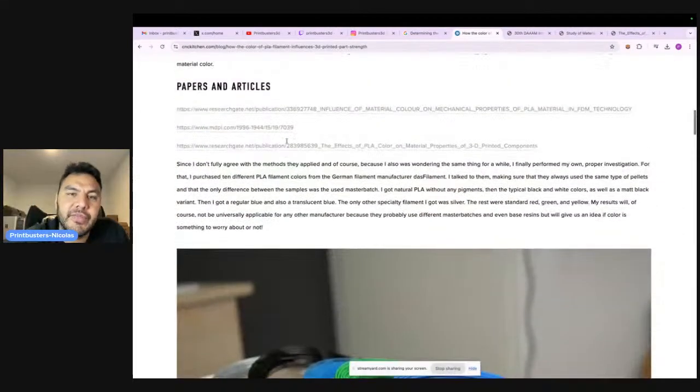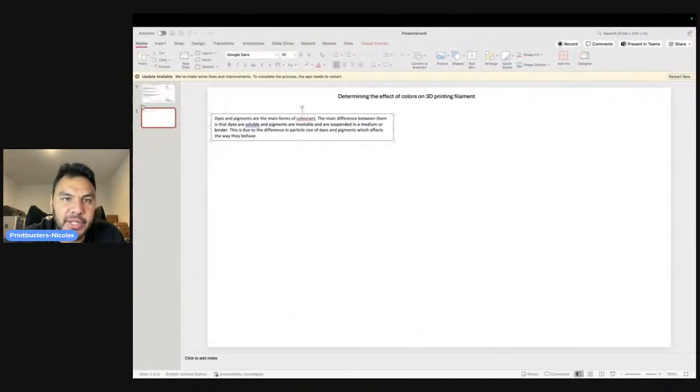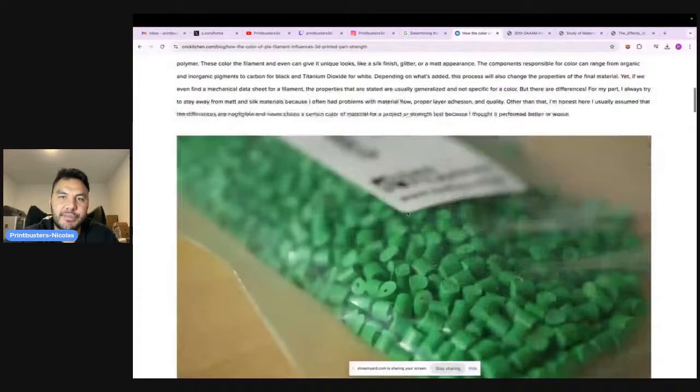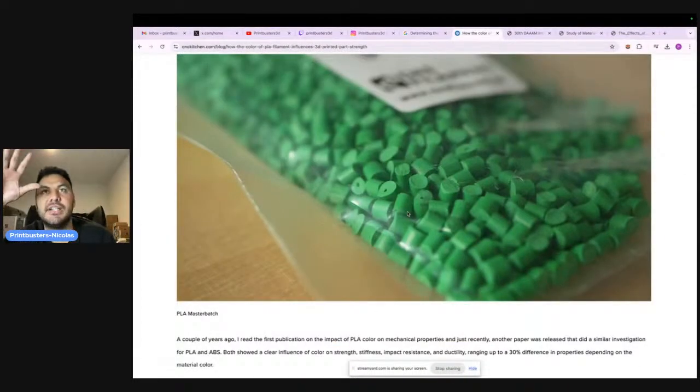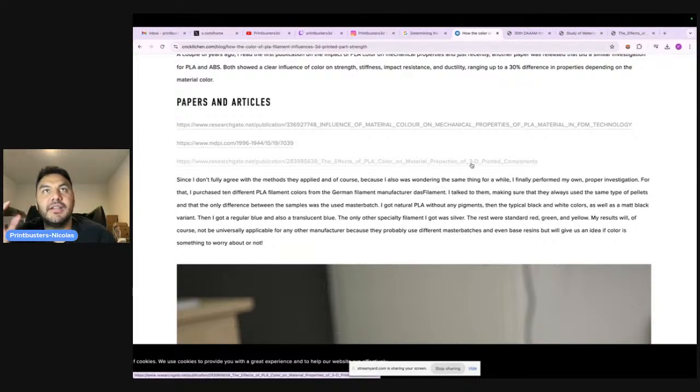Okay, so already here there's a little bit of room for improvement on optimization. I think what we could do on the paper we want to do is, so master batch is a very wide word, right? For example, he tested matte black, and the way he introduced it is that matte black is the same PLA, but you add a master batch that is matte, basically.